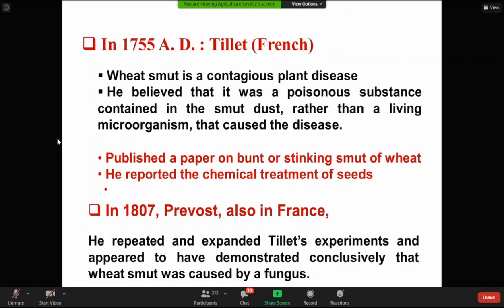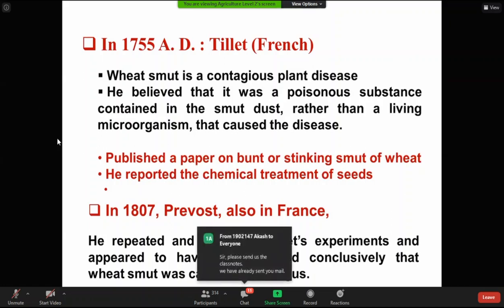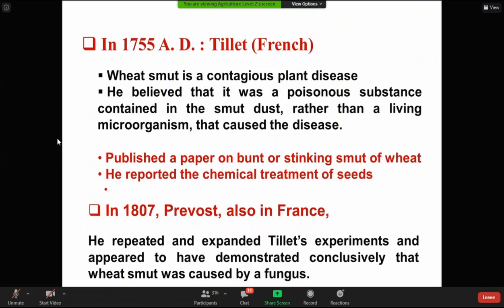That's why wheat smut is a contagious disease, and he believed that it was a poison substance contained in the smut dust. সে একদিকে বলতেছে contagious disease, কিন্তু বলতেছে পয়জনের কারণে হচ্ছে, সেটা যে জীবাণু সেটা সে আর বলতেছে না। Tillet published a paper on bunt or smut of wheat.